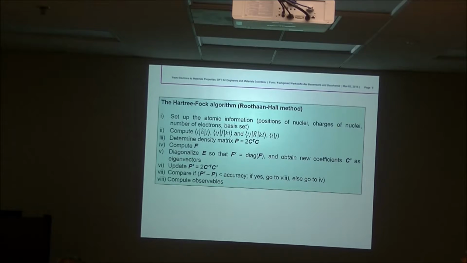So what we always have is minus 1/2 nabla squared plus v, well, the sum over all electrons and nuclei of Z by r, sorry, this must be minus Z by r.